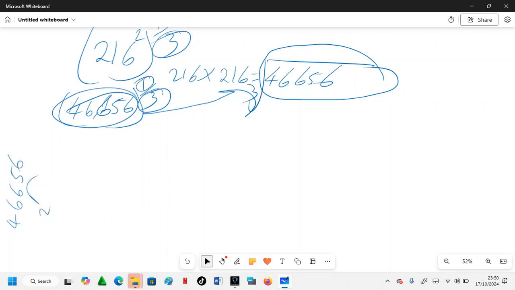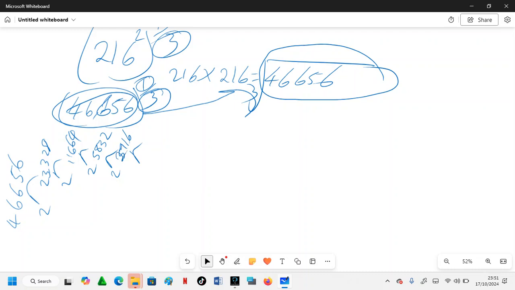Looks like 2 can go in there. 46,656 divided by 2 is 23,328, divided by 2 is 11,664, divided by 2 is 5,832, divided by 2 is 2,916.